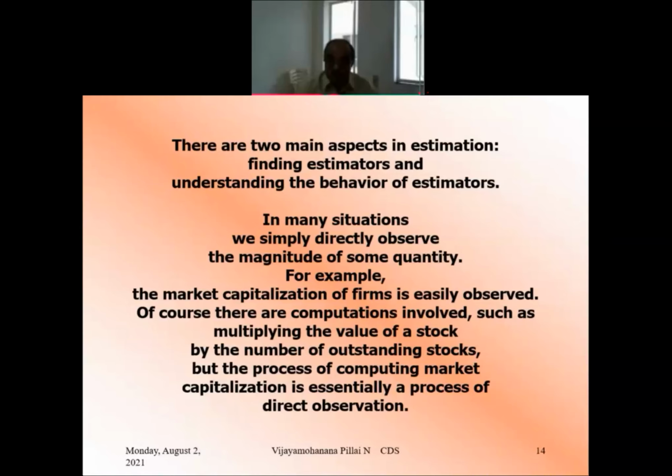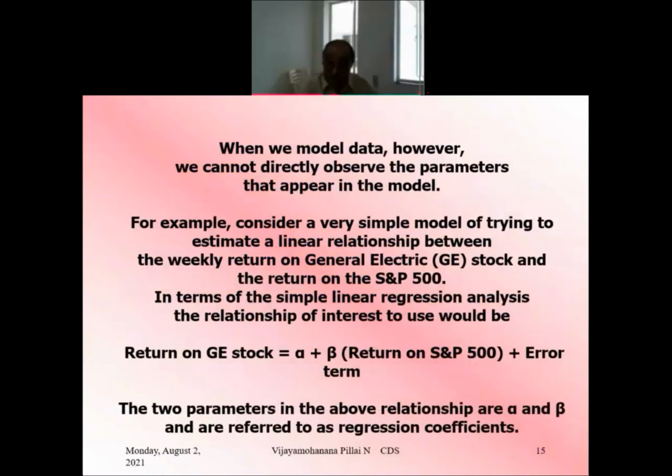But the process of computing that market capitalization is essentially a process of direct observation. But that is not the case with some other cases. That is, when we come to the estimation, we are not able to directly observe the parameters that appear in the model.